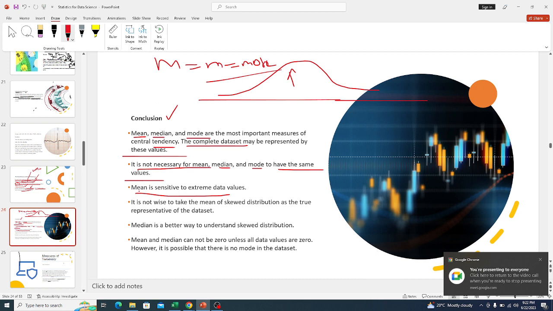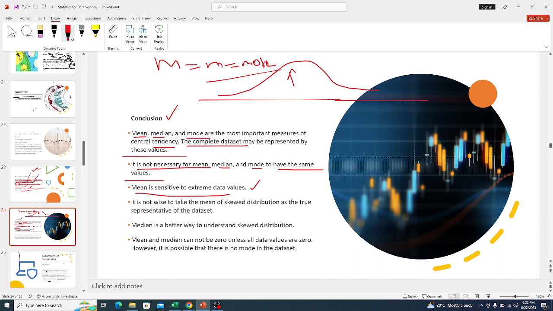Good. So mean is sensitive to extreme data values. It is not wise to take the mean of a skewed distribution as the true representative of a data set.